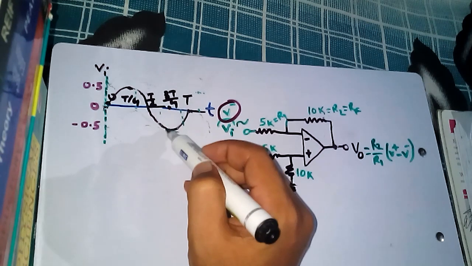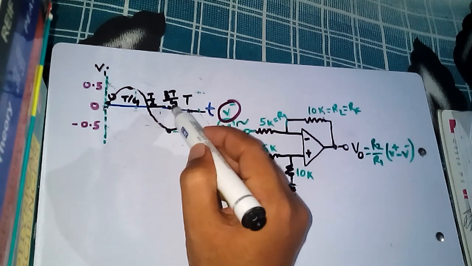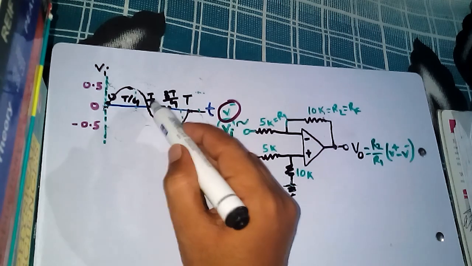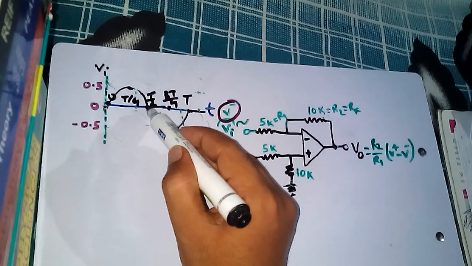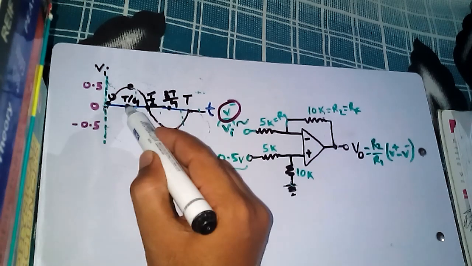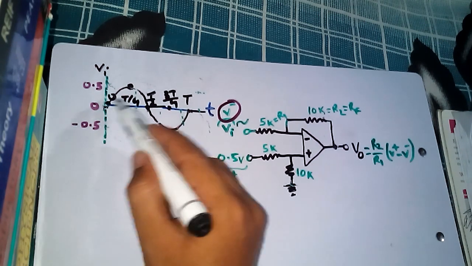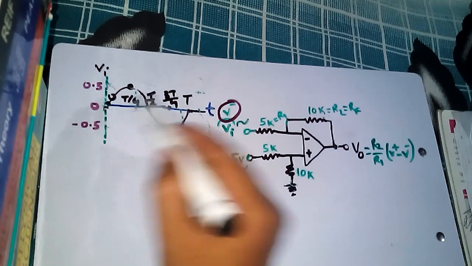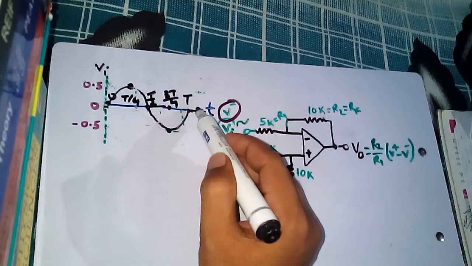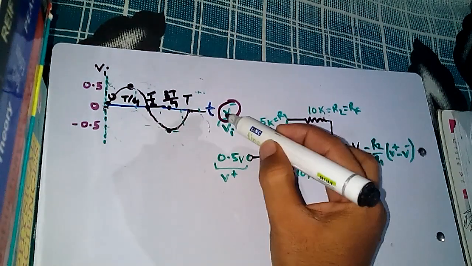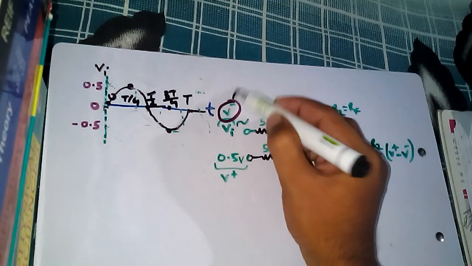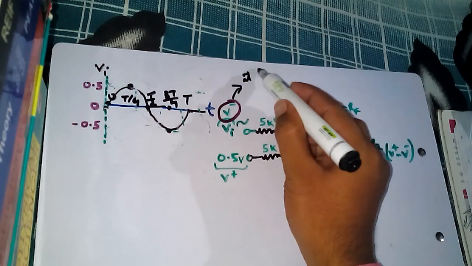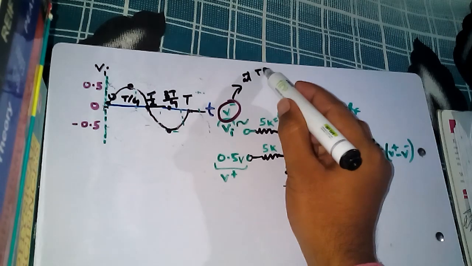That means the voltage is minus 0.5 at 3T by 4. The voltage is 0 at the half time period. The voltage is maximum at quarter time period T by 4, and 0 at 0, and 0 at the time period T. That means our signal is changing with time.